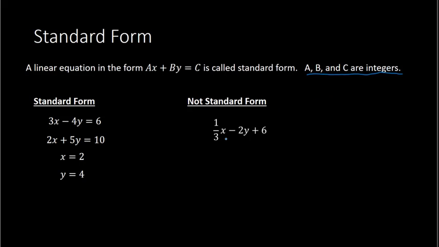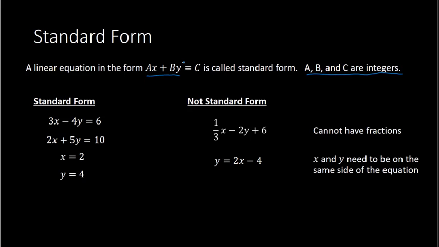Numbers that are not fractions. So 1/3 would not make this standard because we cannot have fractions. Y equals 2x minus 4 also is not standard form, and the reason is because we need x and y on the same side. So that is not standard form.